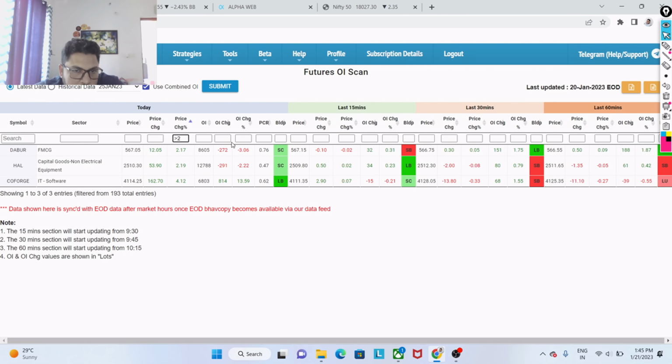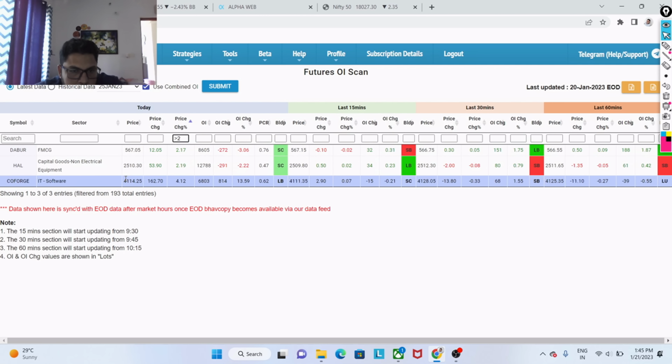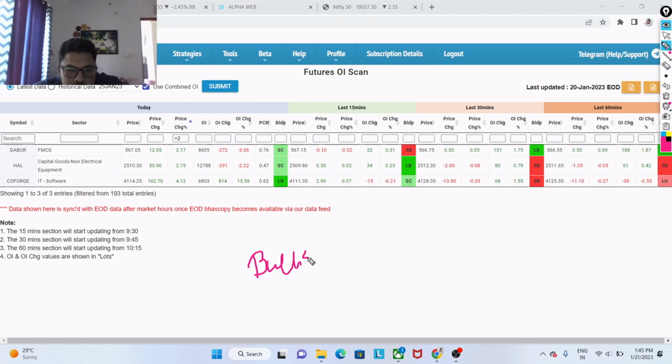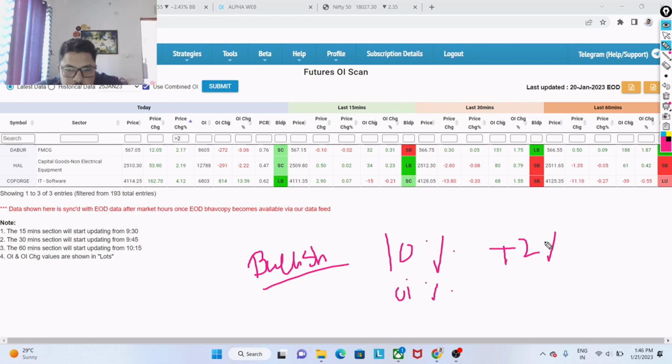Now the second formula: is there any rise in OI percentage change, or any drop in OI percentage change? If our analysis is for bullish stocks, then we have to find 10% open interest change, OI percentage, and price change plus 2%.